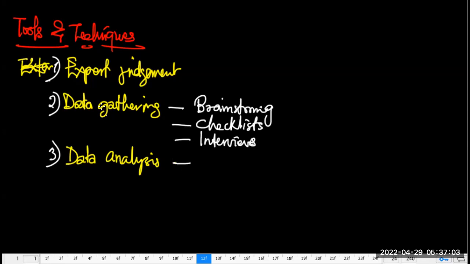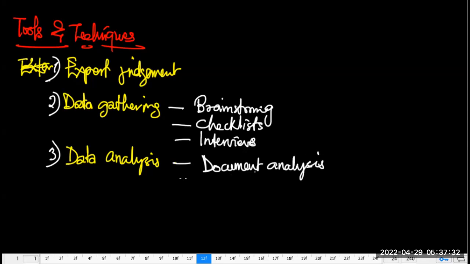These are the tools, and we're looking at techniques. Another data gathering, some of the techniques are brainstorming, checklists, interviews. So these are tools. And data analysis is also a tool, but what is a technique? According to the PMBOK book, there is document analysis. We're looking at the technique now.